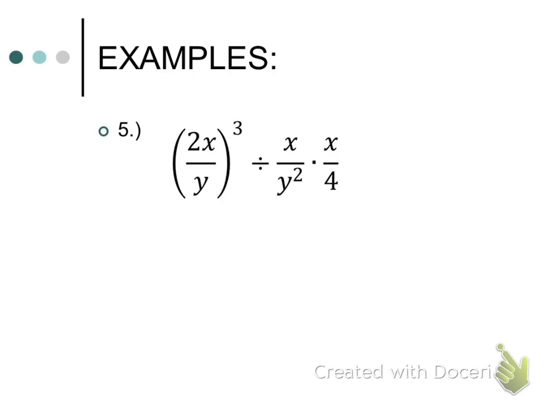Now number 5 gets a little bit tricky. Again, we've got division and multiplication, but we have to work from where to where? Left to right, which means the first thing that I have to deal with is what operation? Well, sort of, but what?